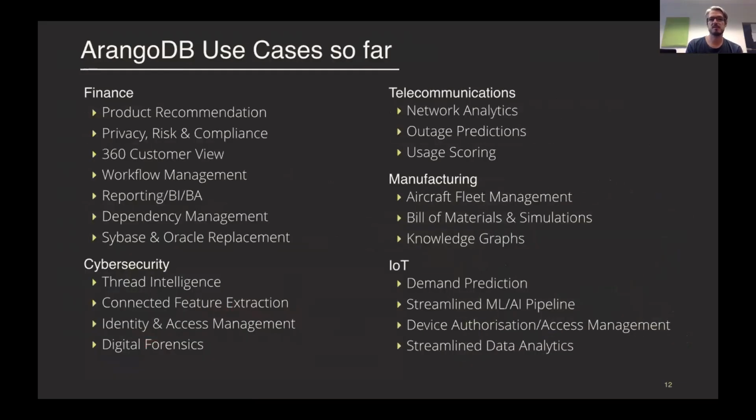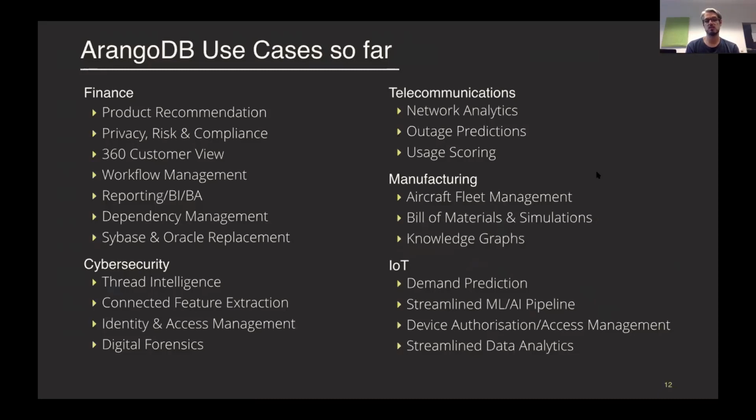A few use cases you can imagine for a native multi-model database that you can use as a graph database, as a document store, as a combination, however you like. The spectrum of use cases is quite broad, ranging from product recommendation engines over threat intelligence and cybersecurity. We have a lot going on in IoT because many IoT networks fit well to a graph.